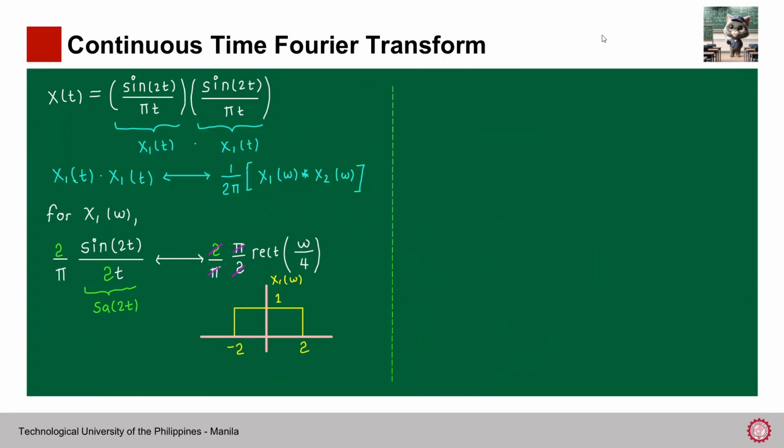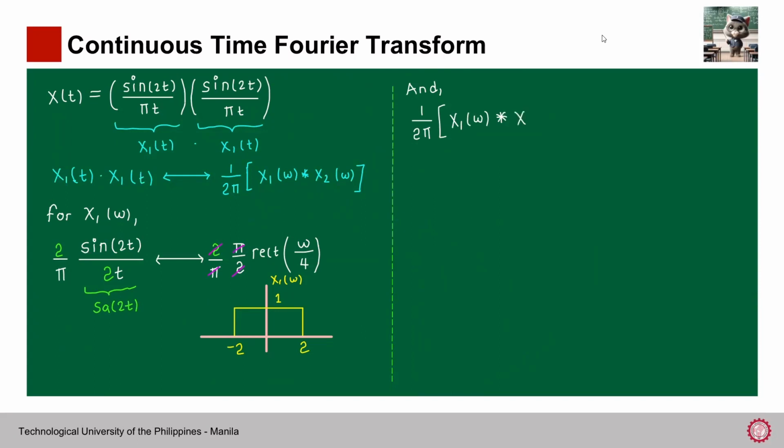And for that one, guys, is just simply the 1 over 2 pi times the convolution of x1 of omega with the very same x1 of omega.